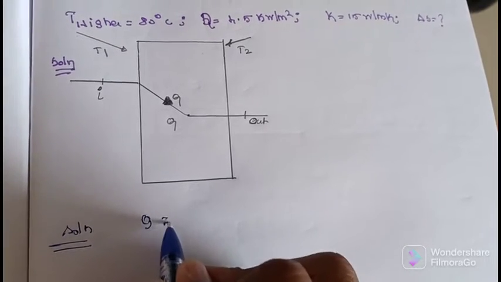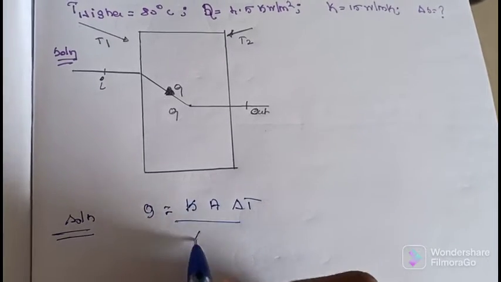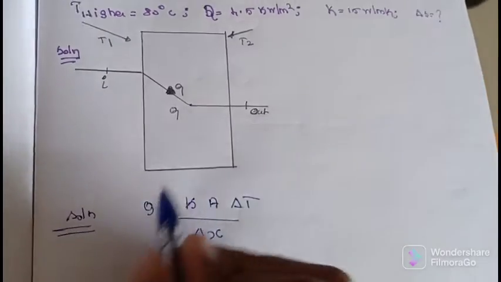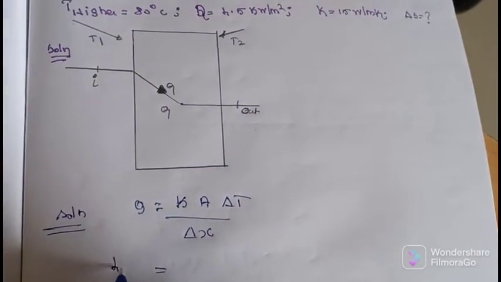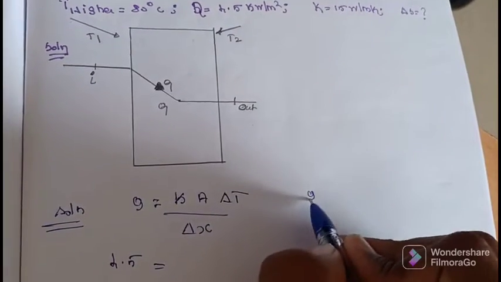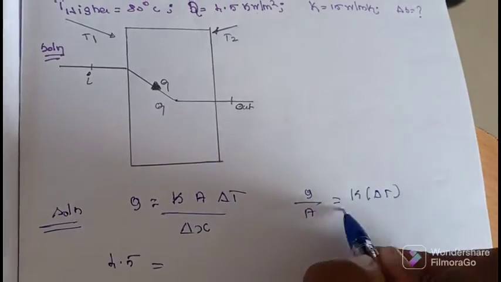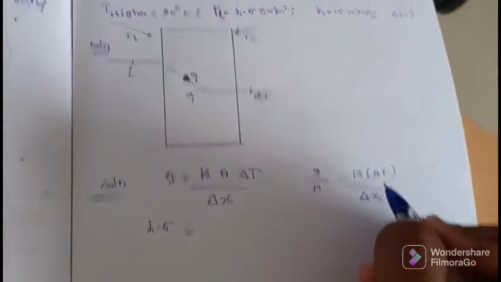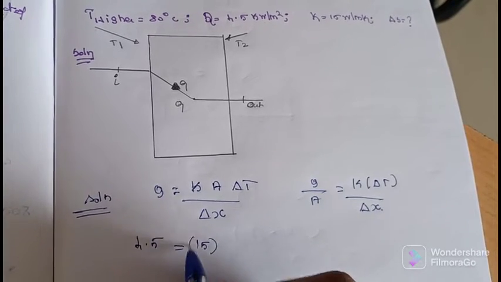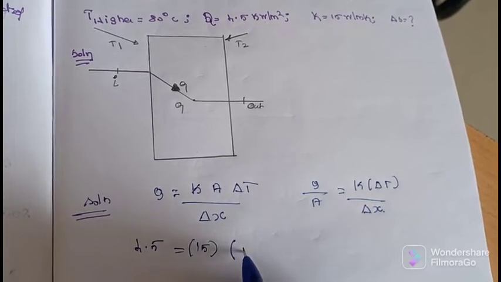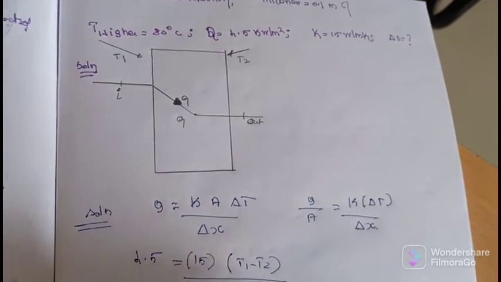Since Q is given, we go directly to the formula Q equals K A del T by del X. Q by A is in watt per meter square. So Q by A is 4.5, which equals K into del T by del X. Here the thermal conductivity K is given as 15, del T is T1 minus T2, and the thickness del X is 0.1.